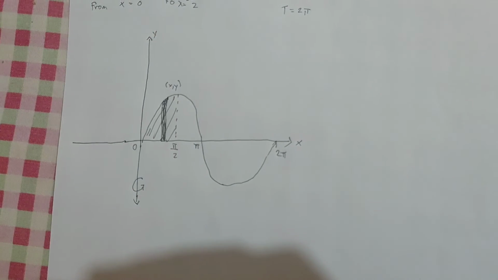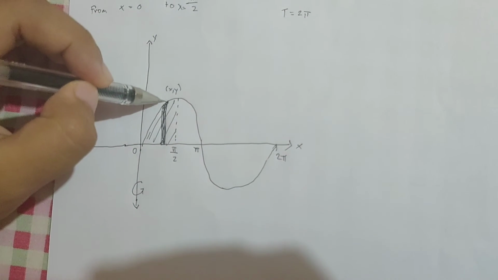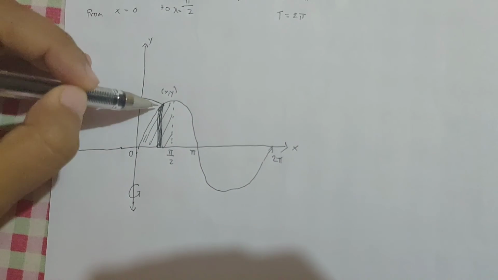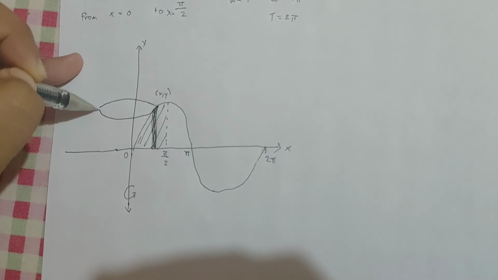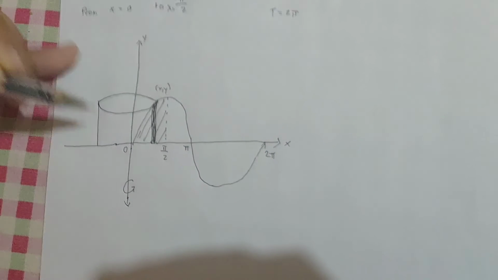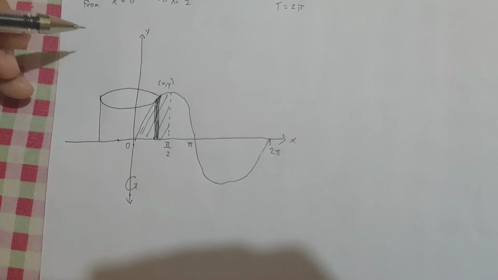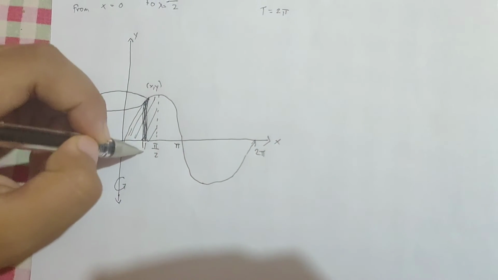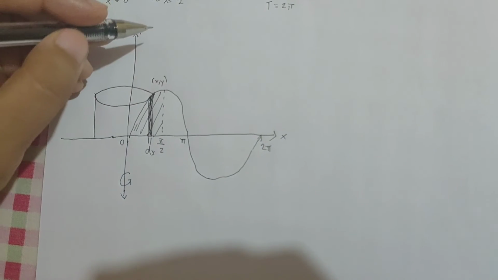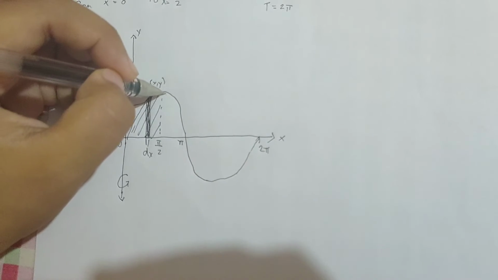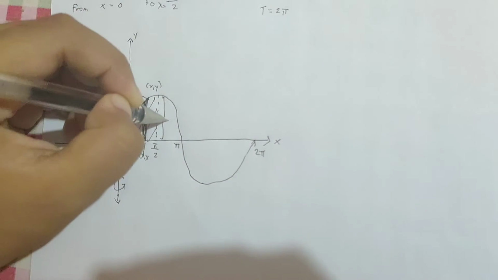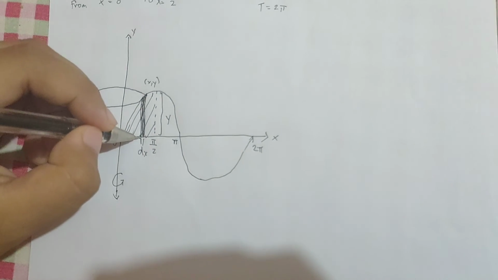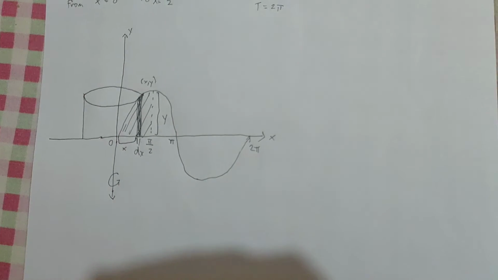From that strip, we will now draw our discs. That's it. This will be our dx. The height is y. From here to here will be our x.